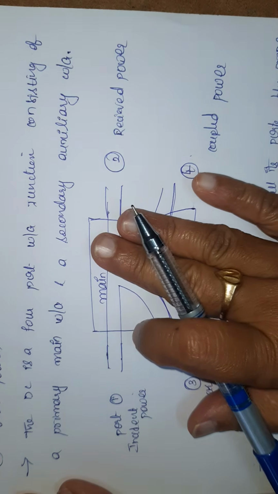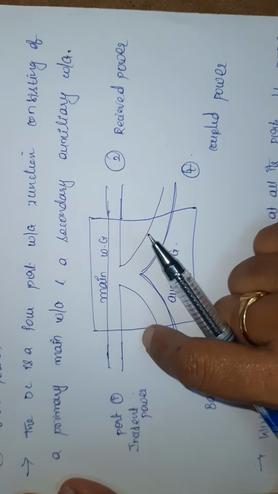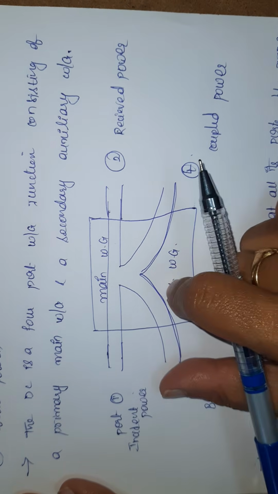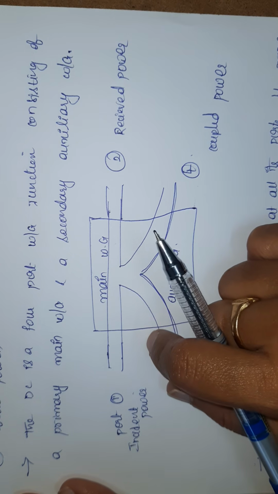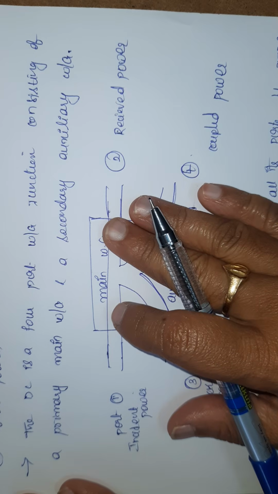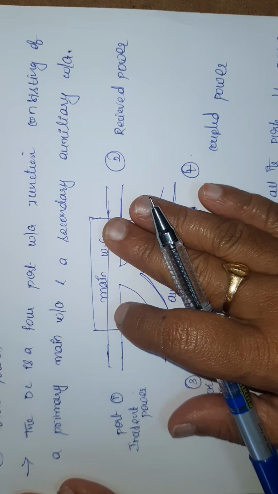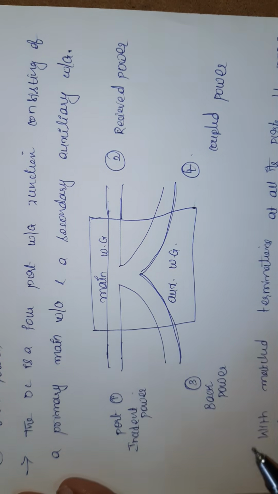Directional couplers may be unidirectional or bidirectional. Unidirectional means it is used to measure only the incident power. A bidirectional directional coupler is used to measure both incident and reflected power. Reflected power is nothing but the received power here.